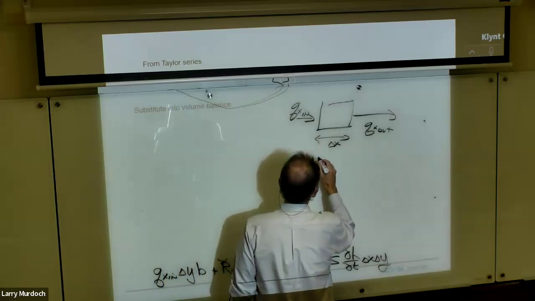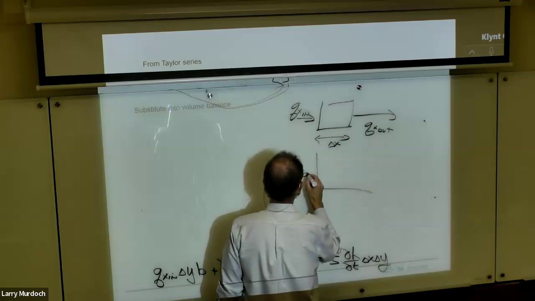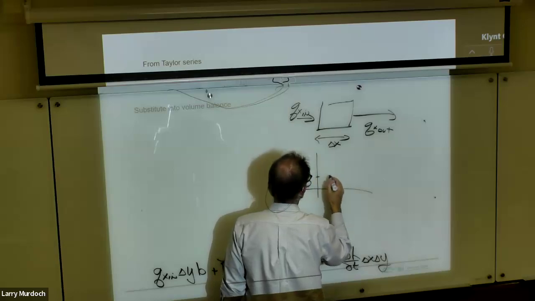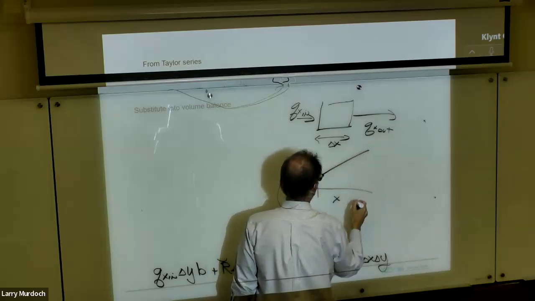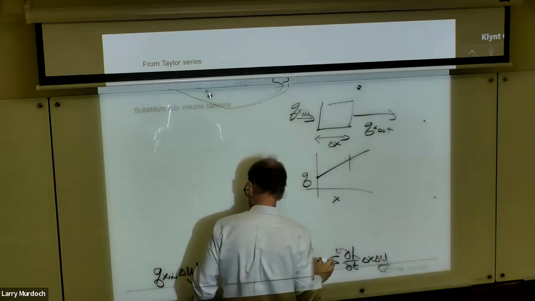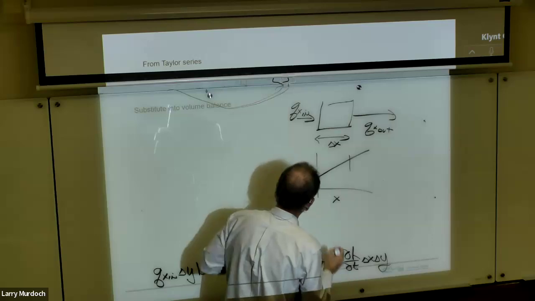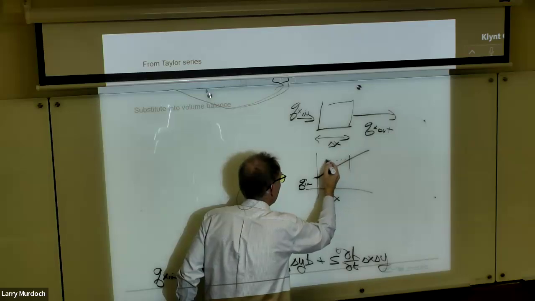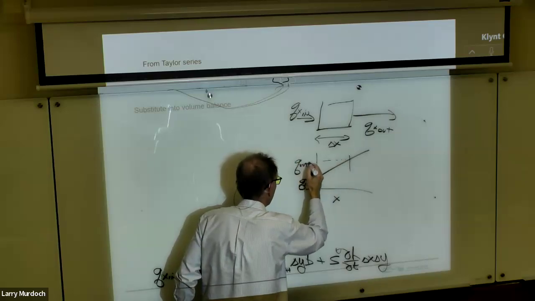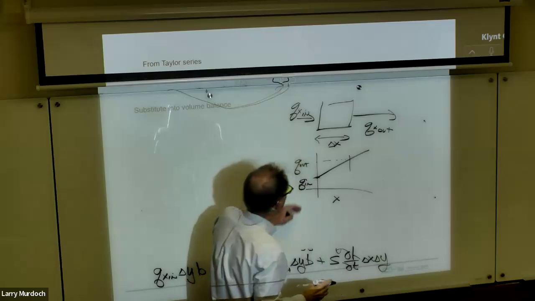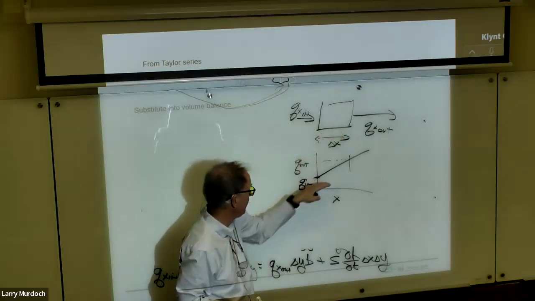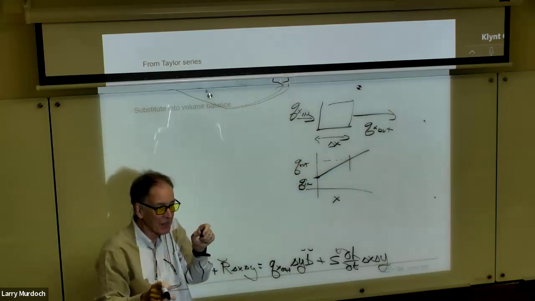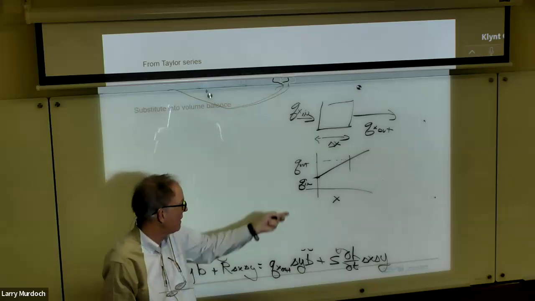So we could plot Q as a function of X. This would be Q in right there, and that's Q out. This is a small little length, so it's going to be linear, because if we take a curve and look at a small length of it, it's linear.